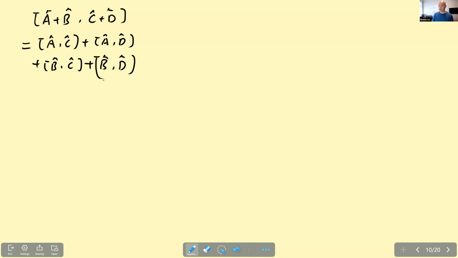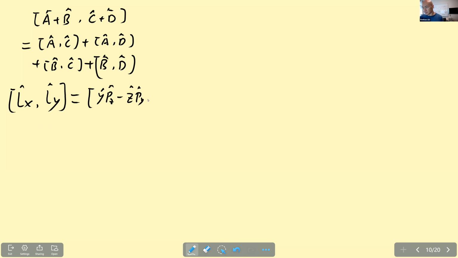And then for example for Lx and Ly, you can also do it like this. Basically you have y pz minus z py, and you have z px minus x pz.